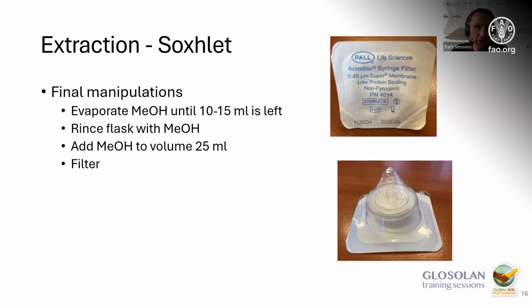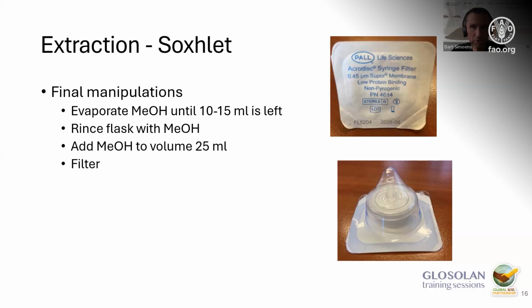The next step is to take that flask and heat the methanol again. And so we let part of the methanol evaporate until more or less 10 to 15 milliliters is left. And then we pour it into another recipient. We rinse the flask with methanol in order to get as much of the analyte as possible. And then finally, we fill that concentrated solution up to a volume of exactly 25 milliliters.